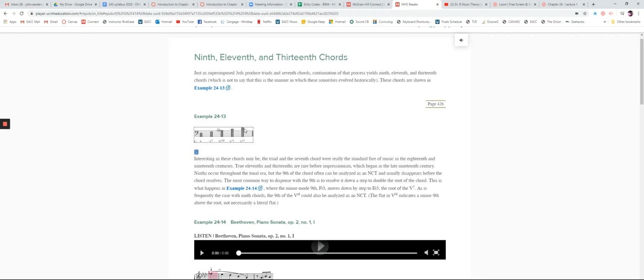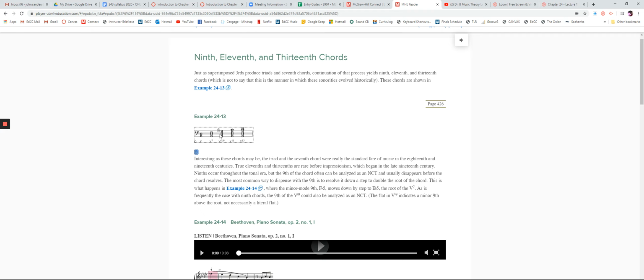Now, if it occurs naturally in the key, let's say in this case we're talking about the key of C major. If we have the 5 chord, which is G, then a natural ninth would be a whole step above G plus an octave.